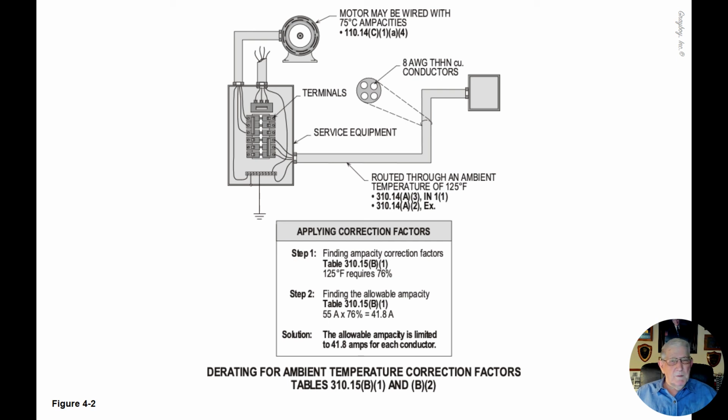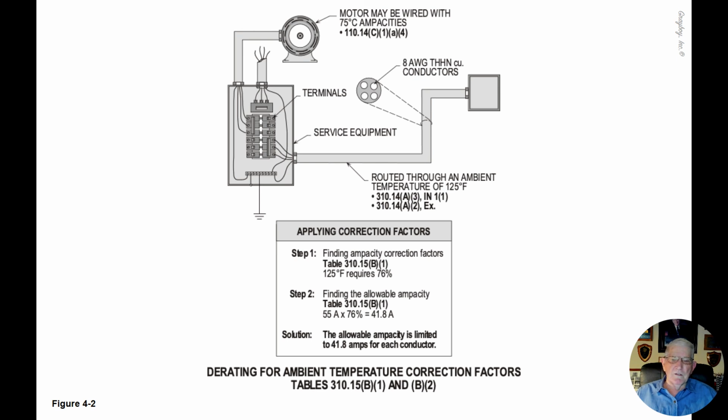So, and that's based on 125 degrees Fahrenheit. So 76% of 55 amps for the number 8 THHN conductor from Table 310.16, 76% of 55 amps is 41.8 amps.